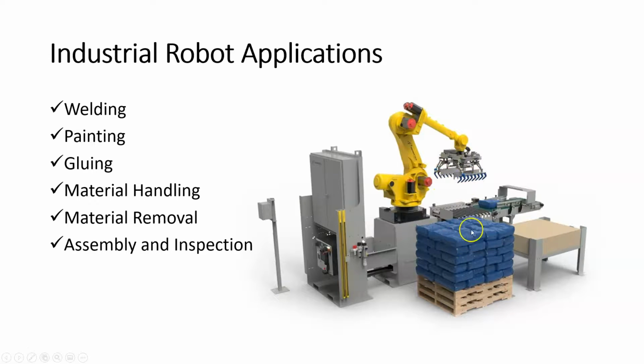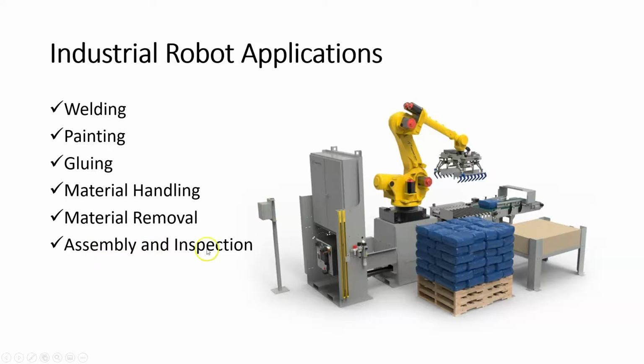It's going to move down, pick up a bag, and place it on a conveyor so it can move from point A to point B. So that would be material handling. We have material removal. Material removal meaning the end effector is going to have a cutting tool, a grinding tool, a drill, any kind of tool that we can remove material with, we can cut material with.